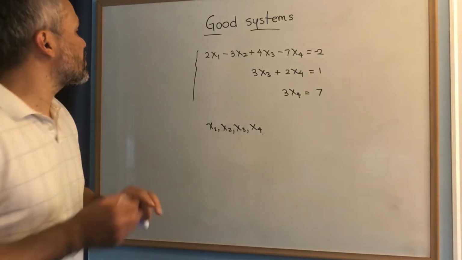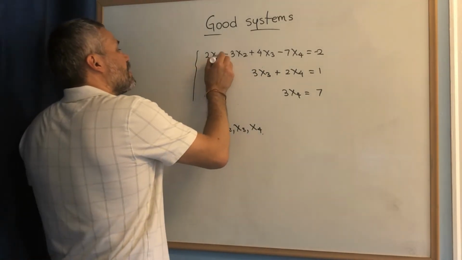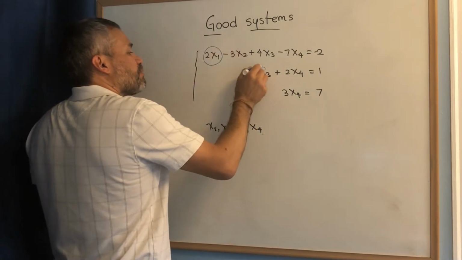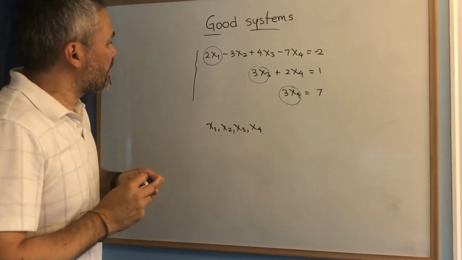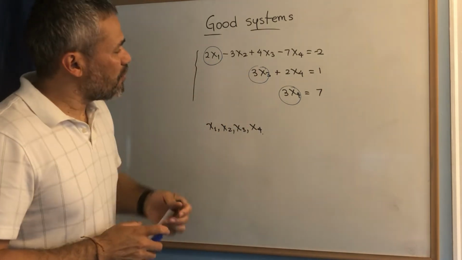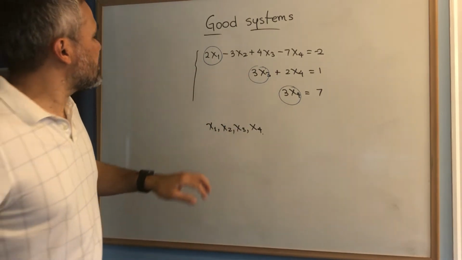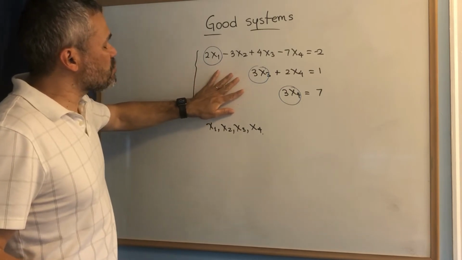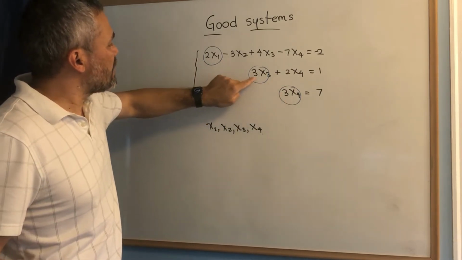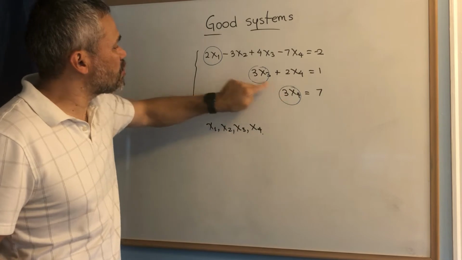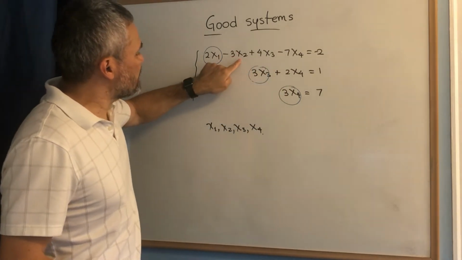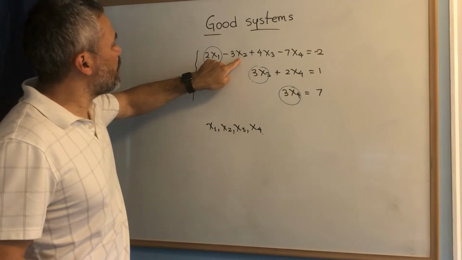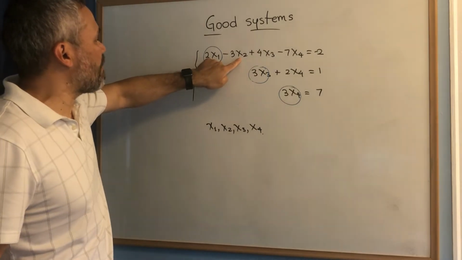These variables, the first variable that shows up, somehow are going to play an important role, and the other variables also are going to play an important role. Essentially, when we do back substitution, we solve for these variables that first show up, and the other variables, which in this case is x2, are going to play the role of a parameter.